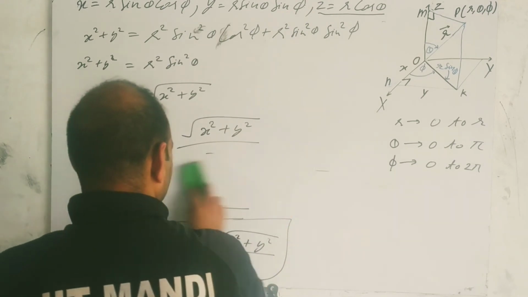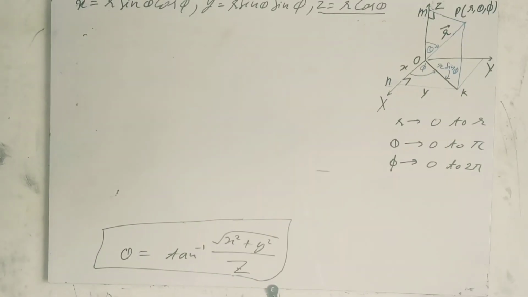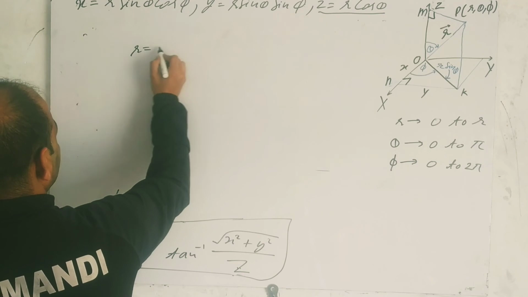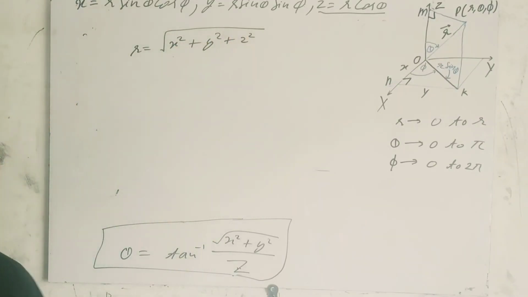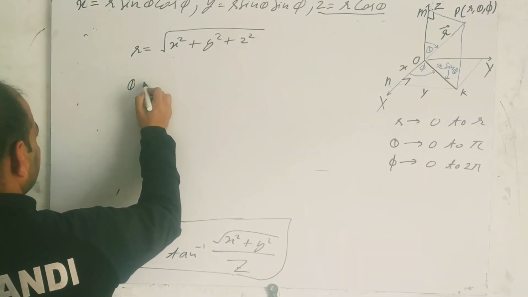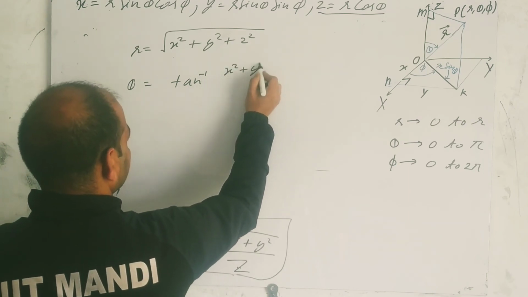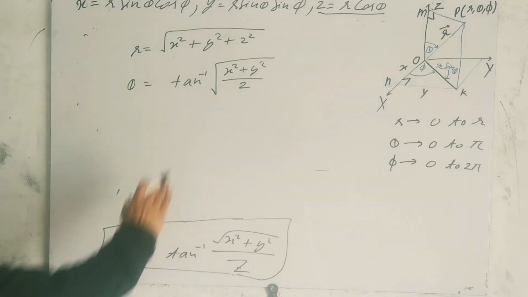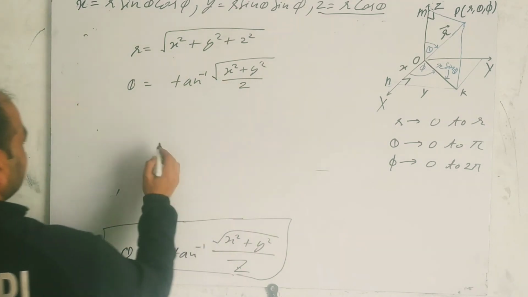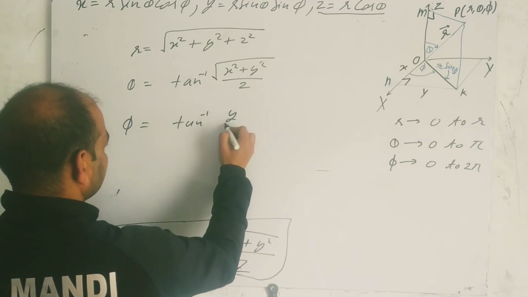So I hope you got everything. This was the relation between the Cartesian and spherical coordinate systems. I have explained it in both ways. So r is equal to the square root of x square plus y square plus z square, theta is equal to tan inverse of the square root of x square plus y square divided by z, and phi is equal to tan inverse y upon x.